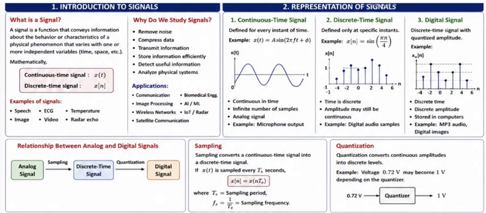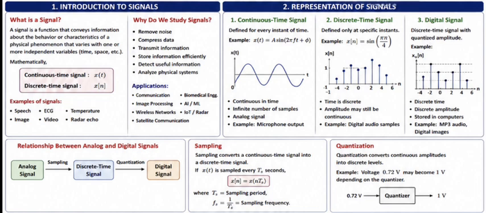For example, a voltage of 0.72 volt may become 1 volt depending on the number of quantization levels I am going to use. But in quantization, I'll not be able to obtain the exact value of the signal at the time instant. Keep in mind, when I sample an analog signal, I obtain the discrete time signal, and when I quantize the discrete time signal, I obtain the digital signal.